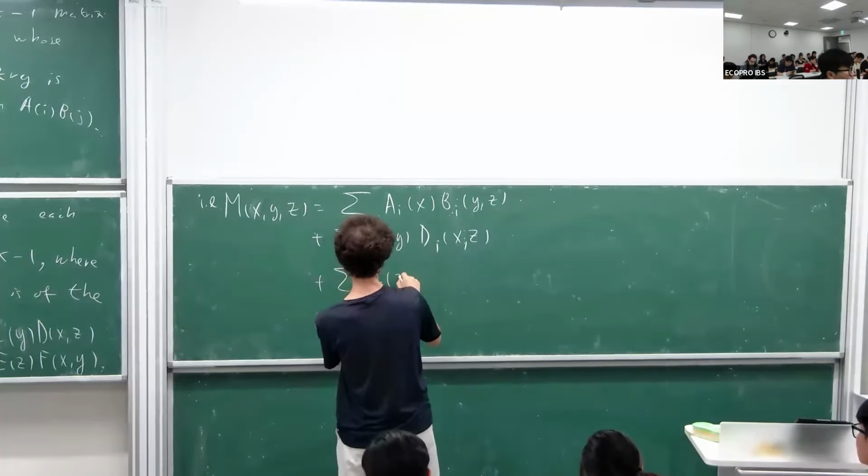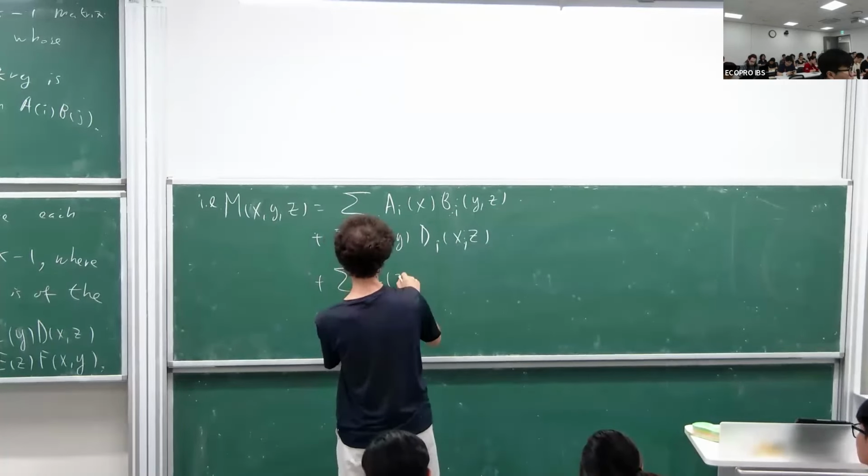So first, what does it mean for f to be in the orthogonal complement of this? Well, it means the inner product of f with any of these a's is 0. Let's write that out: the sum over x of f of x times a_i of x is the inner product between f and a_i, and this is 0.